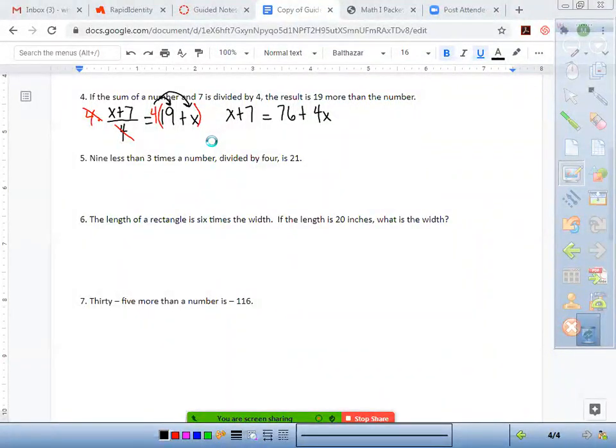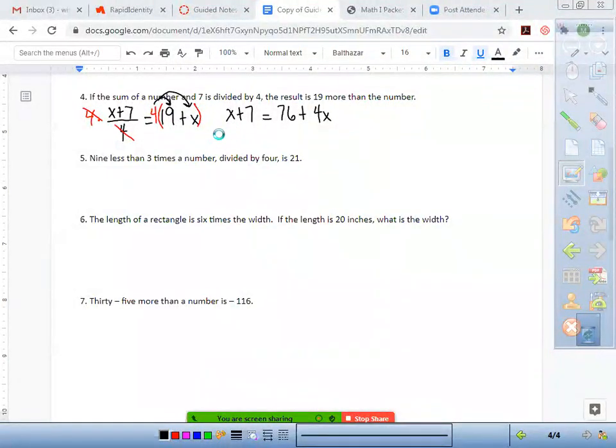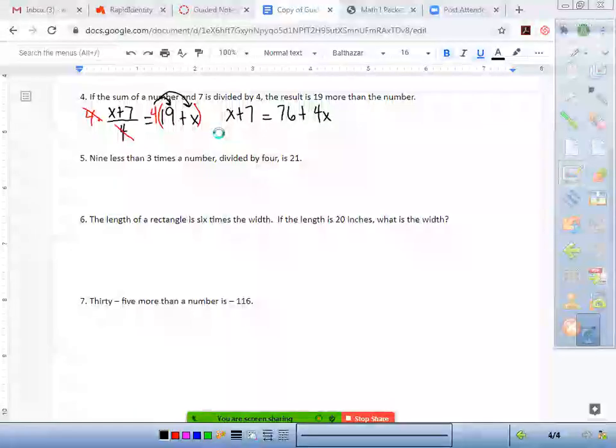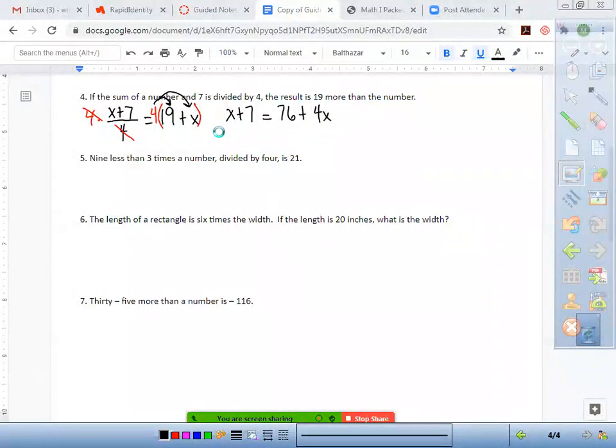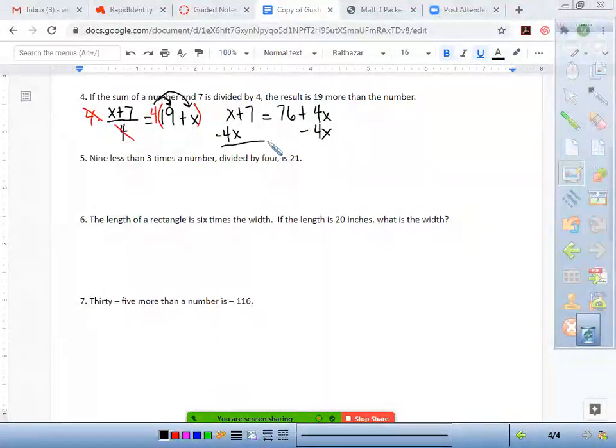We subtract 4x from both sides. There it goes, finally. Minus 4x on both sides.